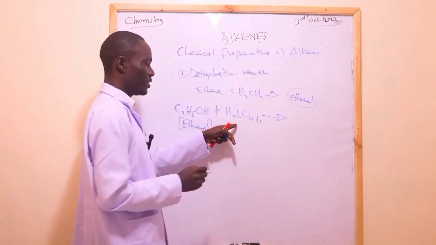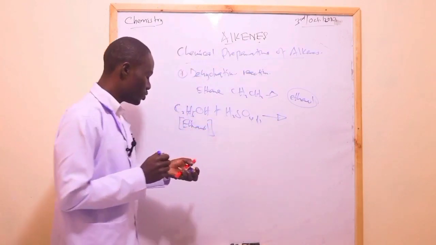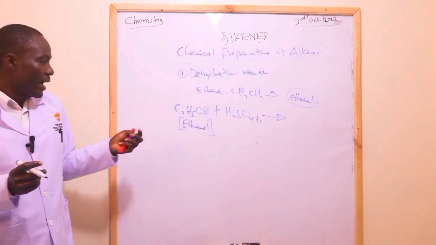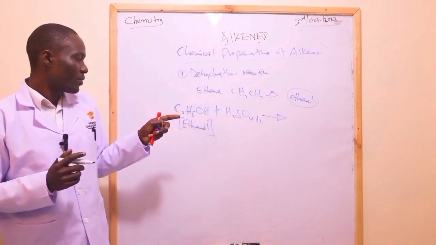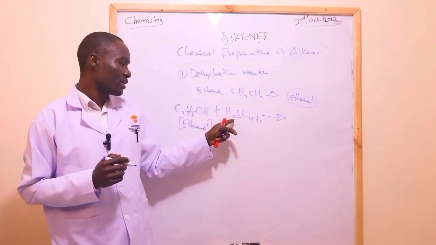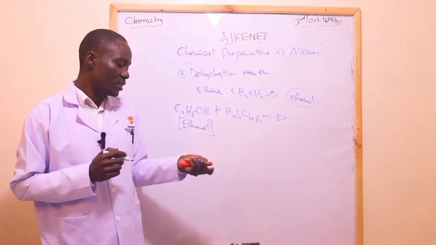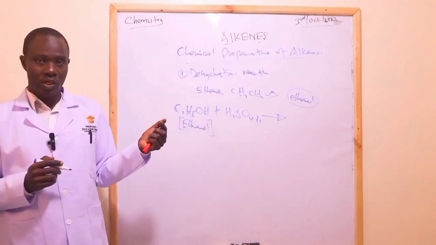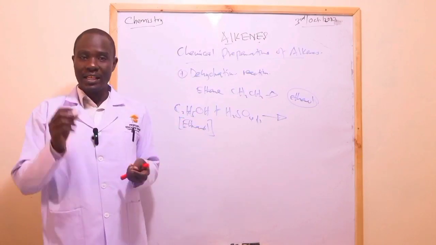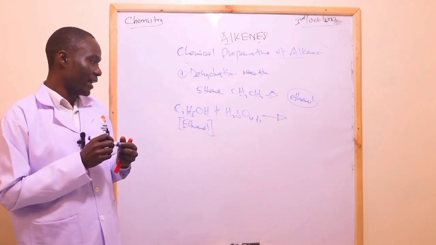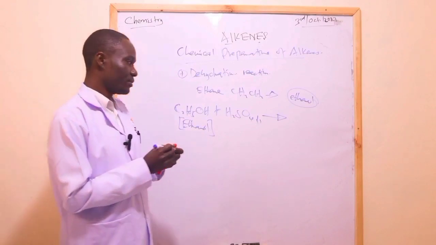Reacting with sulfuric acid, should you add some molecules of ethanol to concentrated sulfuric acid, it will be dehydrated to form an unstable compound called ethyl hydrogen sulfate.